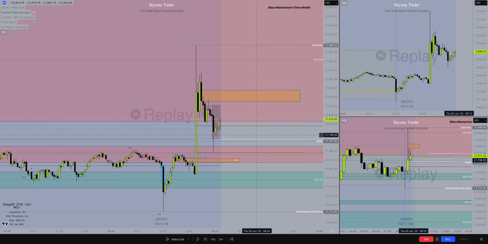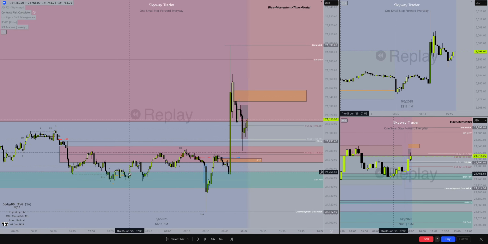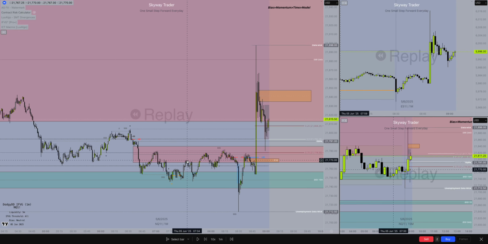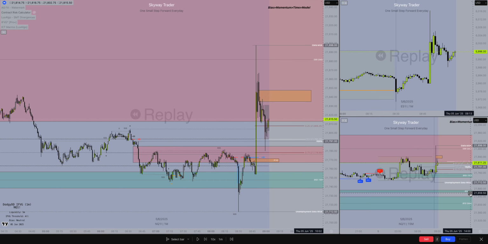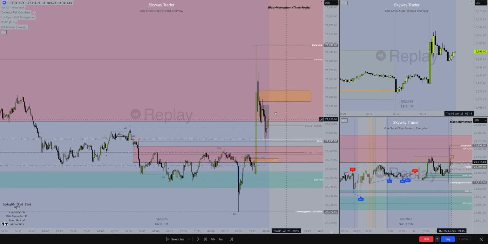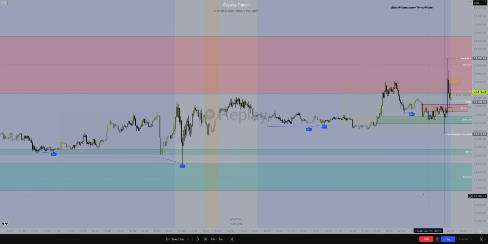Okay, so I got on right here, and we were just chopping around. Let me go to the 5 minute on this chart and expand this up.